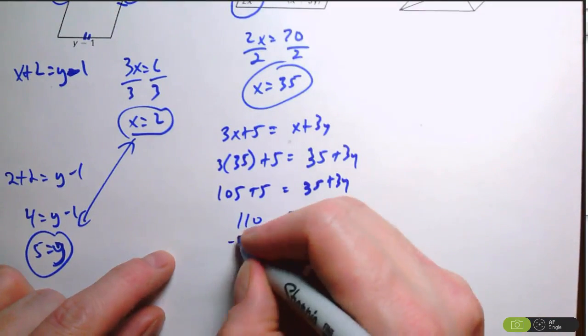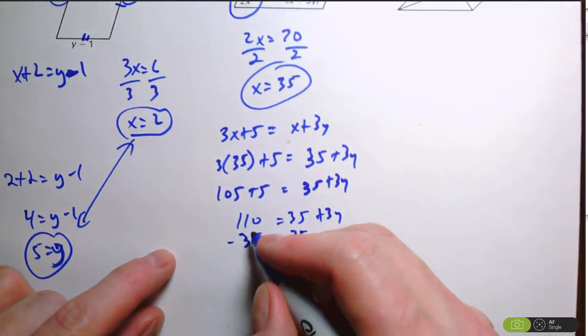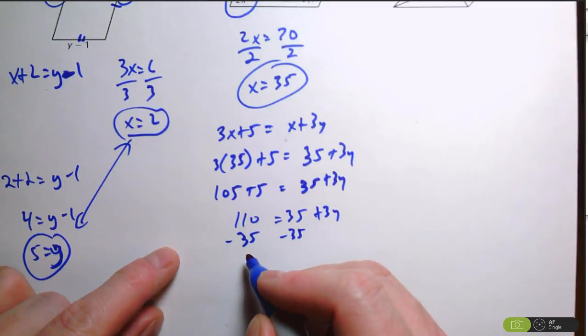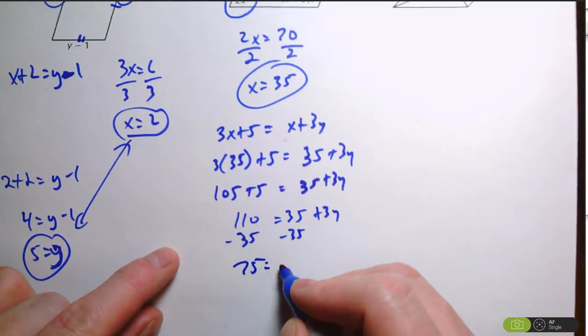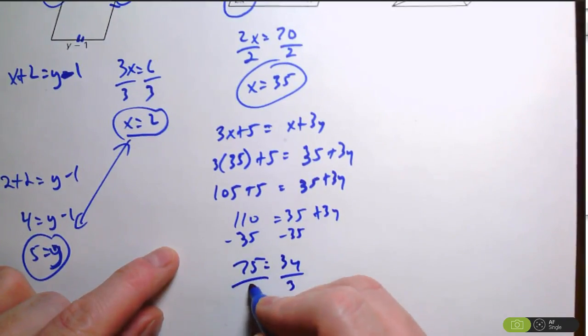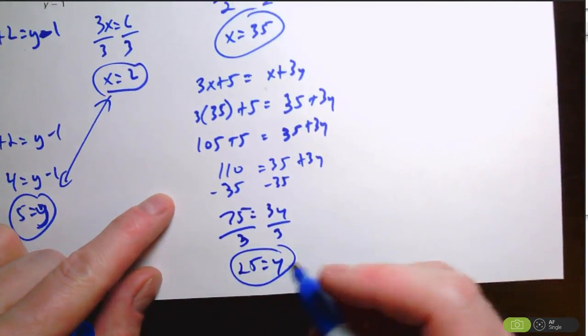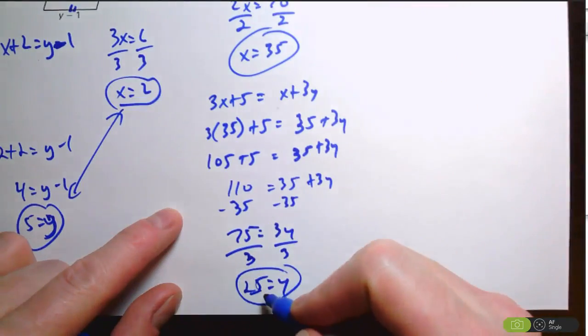Subtract 35. That gets us, no, 75 equals 3y. Divide by 3. 25 equals y. So x was 35, y was 25.